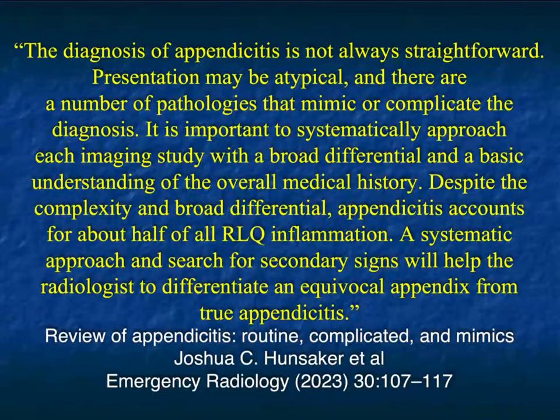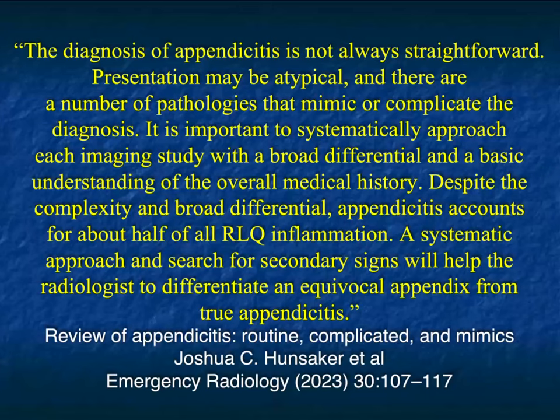In this article by Hunsaker, recently published, the diagnosis of appendicitis is not always straightforward. Presentations may be atypical, and there are a number of other pathologies that can mimic the diagnosis. It's important to systematically approach each imaging study with a broad differential diagnosis and a basic understanding of the overall medical history.